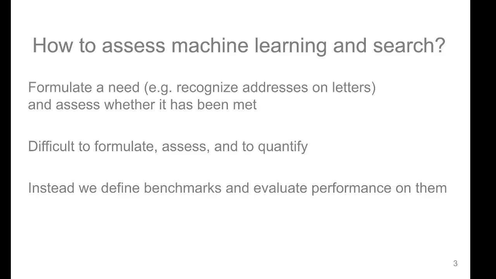And you remember we had a discussion, for example, about recognizing the addresses on letters being the real problem to be met by the benchmark data set of the MNIST handwritten digits.